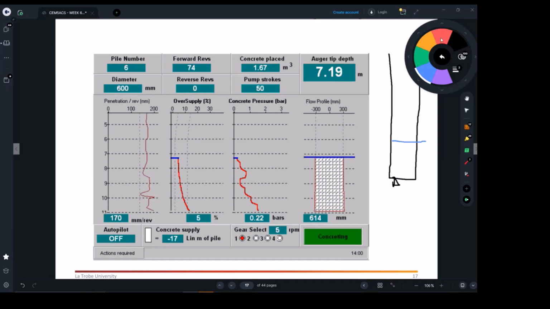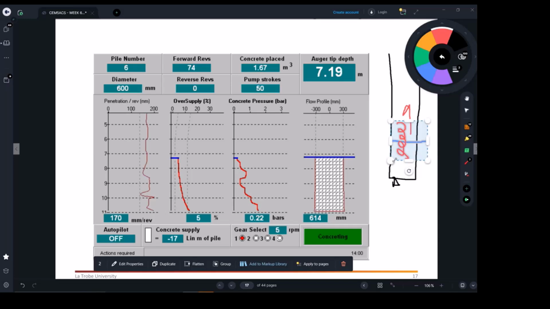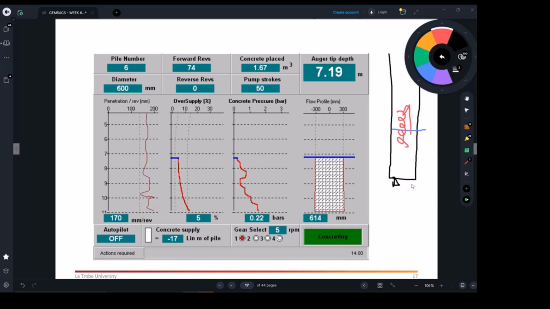You have to make sure your auger, this is the auger, is always below the level of the concrete as you go up. You can't just get your auger above, you can't get it above like this. Sorry, it's not perfect, the blue line should not go with it.